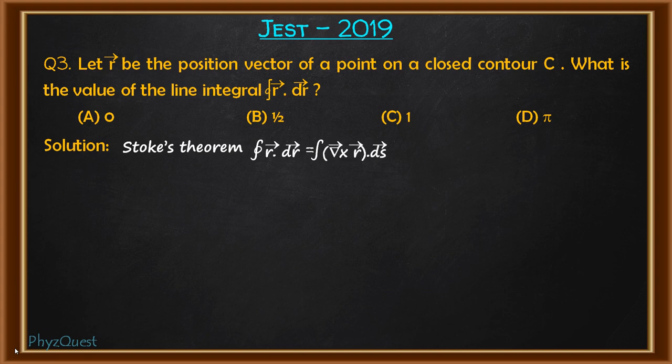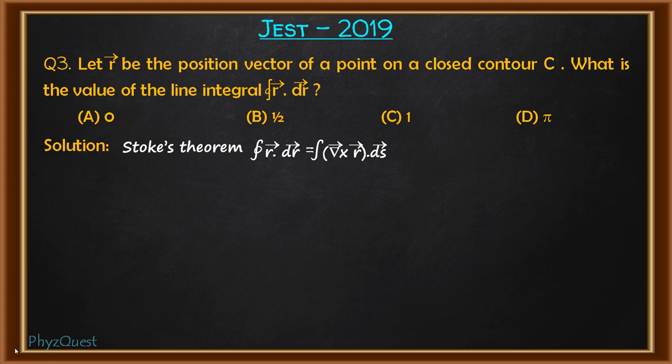So here we are given the integral of r dot dr, and mathematically by the Stokes theorem definition, this is the integration of (del cross r) dot ds. So we need to find out the value of del cross r.